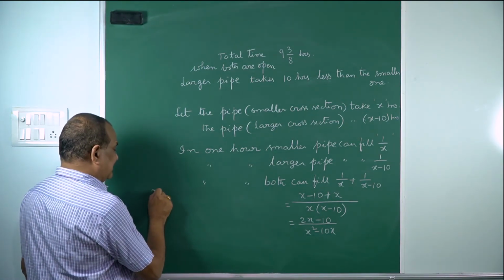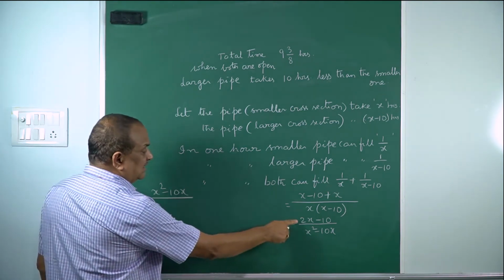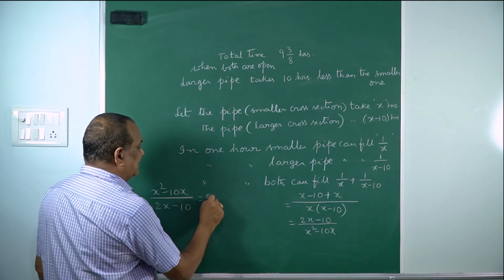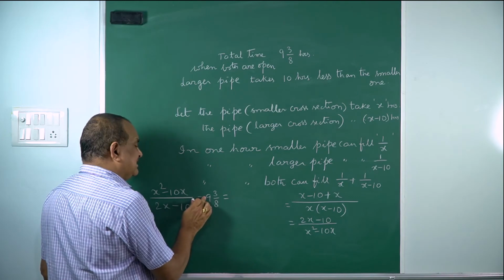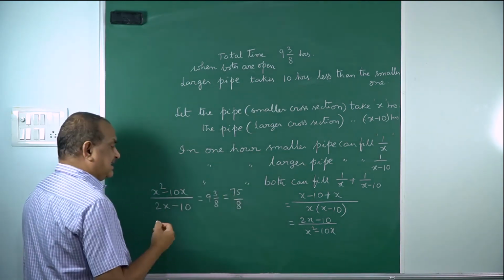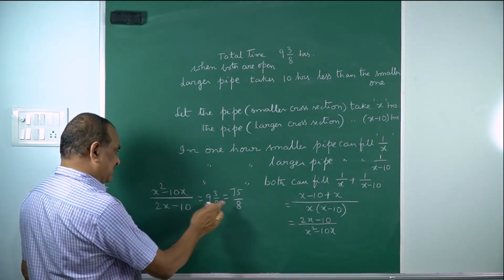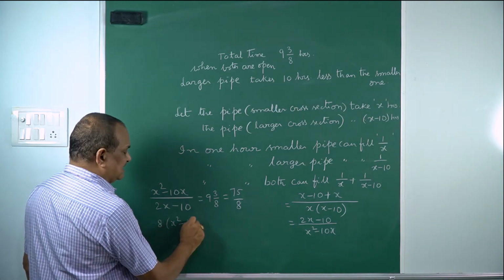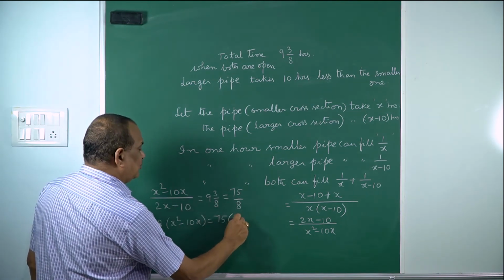X square minus 10X by 2X minus 10 is equal to 9 and 3 by 8, which also can be written as 8 9s are 72 plus 3, 75 by 8. Cross multiplication. 8 times this, 75 times this one, 8 times X square minus 10X, 75 times 2X minus 10.